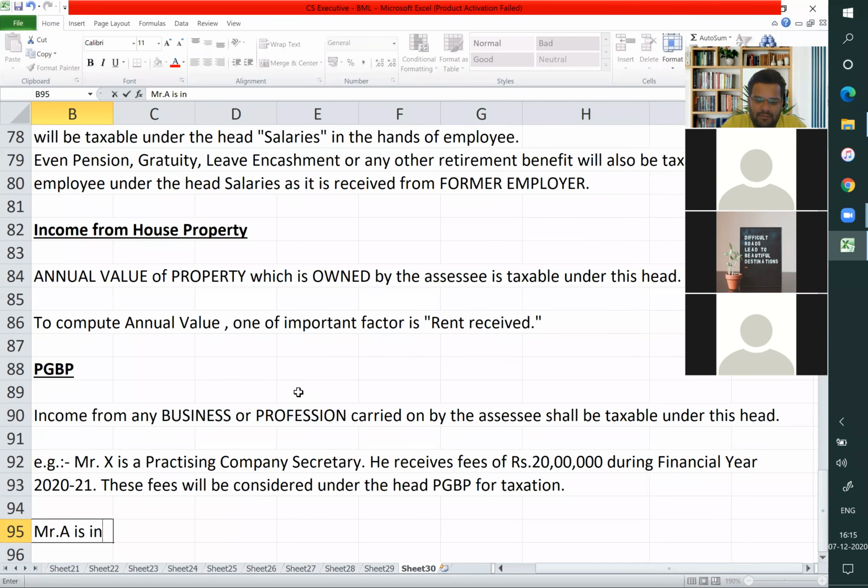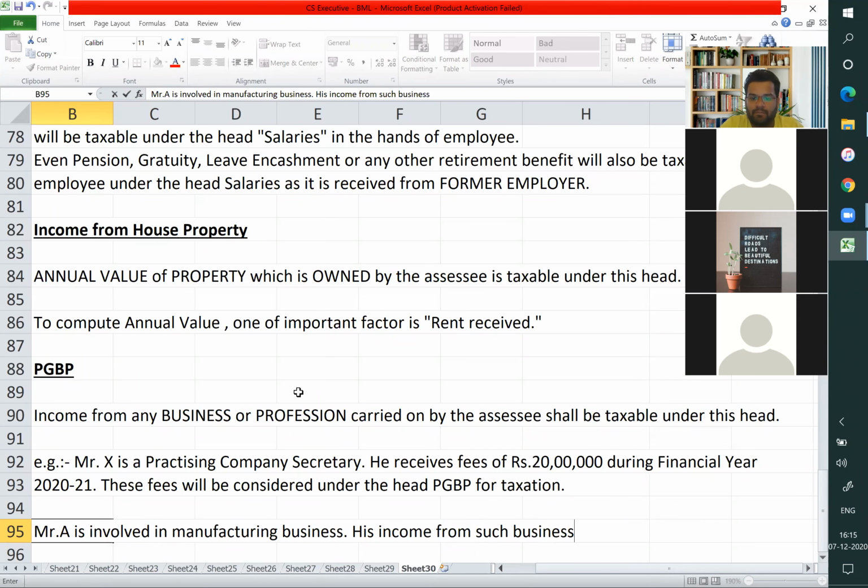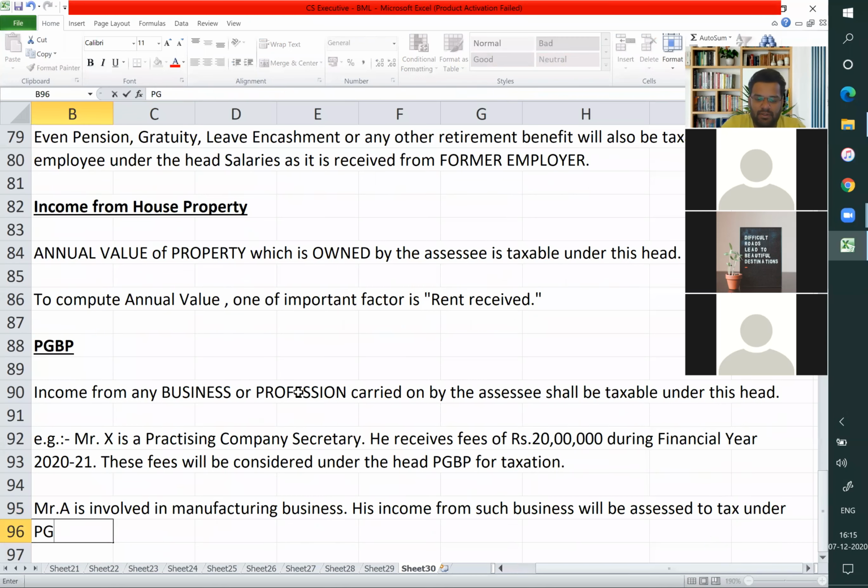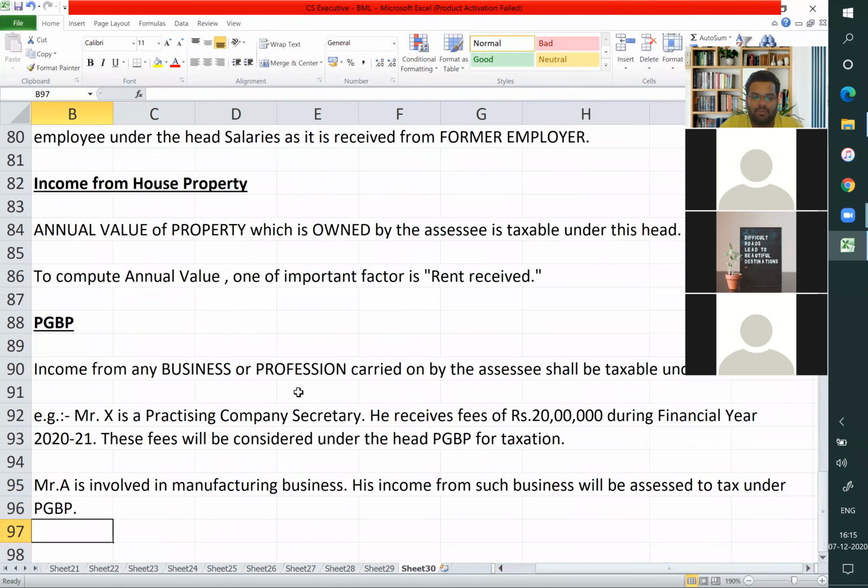Mr. A is involved in manufacturing business. His income from such business will be assessed to tax under PGBP. Yes or no? Under PGBP.